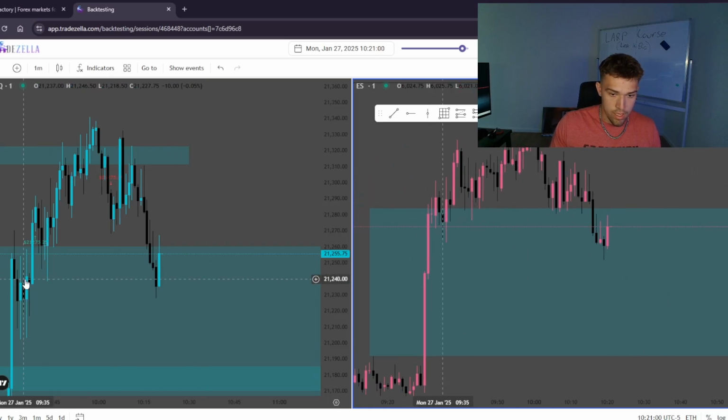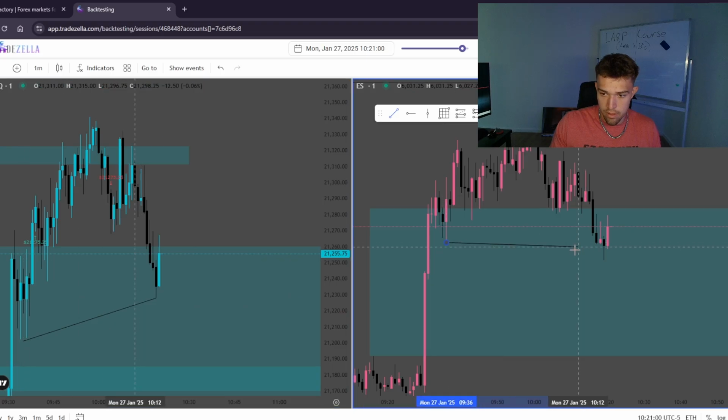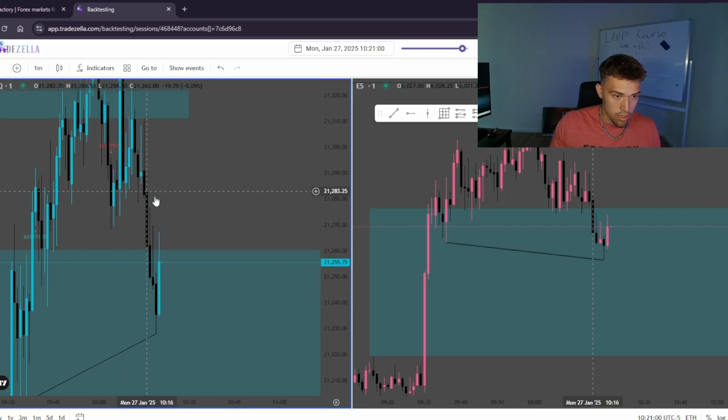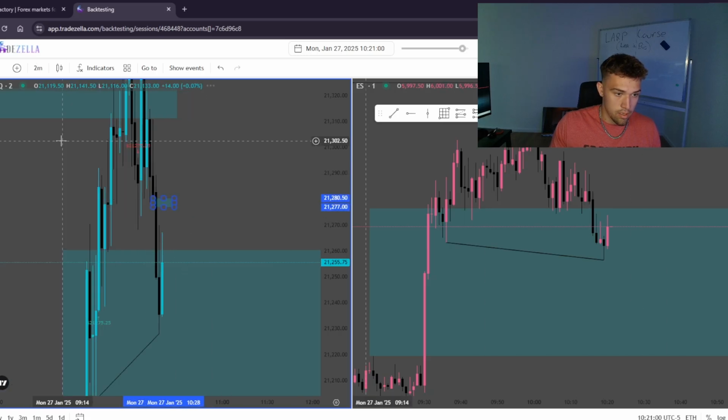Let's see, we have internal SMT. So that's great, and we got some IFVGs that we could enter in off of. So this is what I would be looking for. The 1-minute IFVG right here. I know there's one right here. This little one. Let me see on the 2-minute.